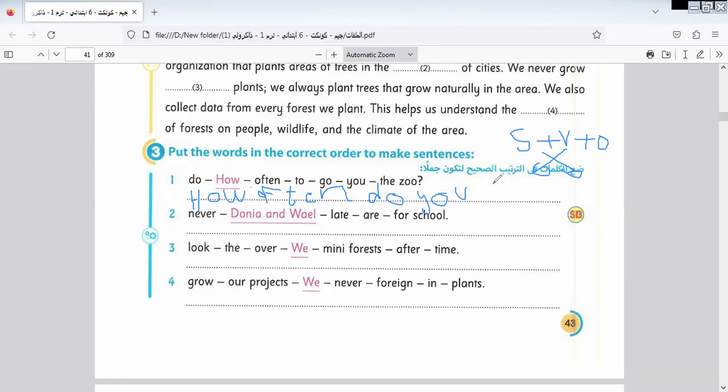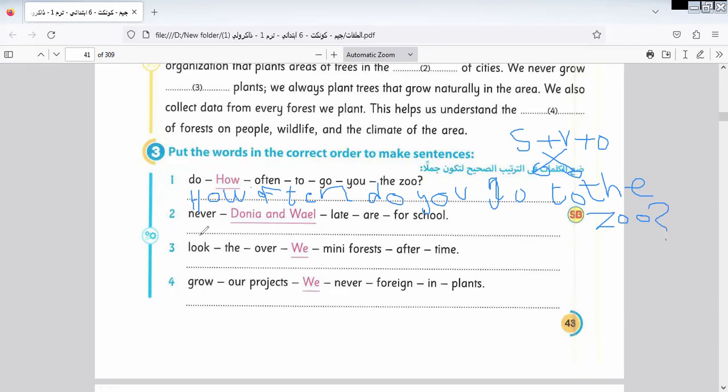How often do you go to the zoo? And don't forget to put the question mark at the end of the sentence, okay? I put the question mark at the end of the sentence.